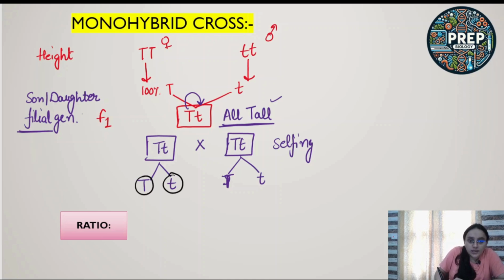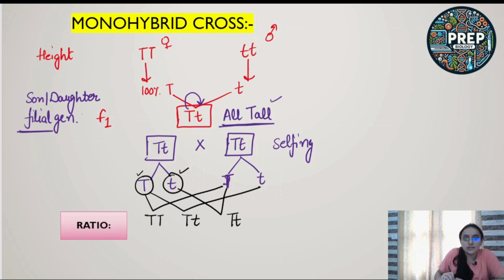Capital T fuses with capital T, forming capital T capital T, and capital T fuses with the other gamete small t, forming capital T small t. Now the second gamete, small t, fuses with capital T, forming capital T small t, and small t fuses with small t, forming small t small t. So this kind of fusion takes place.